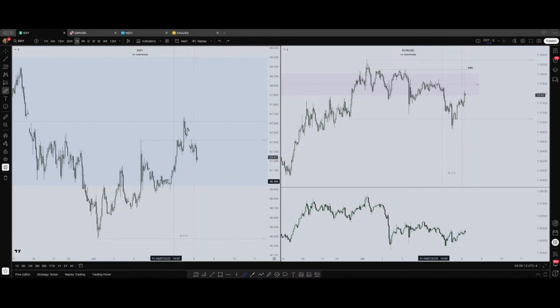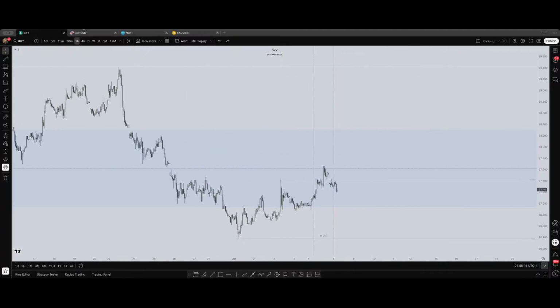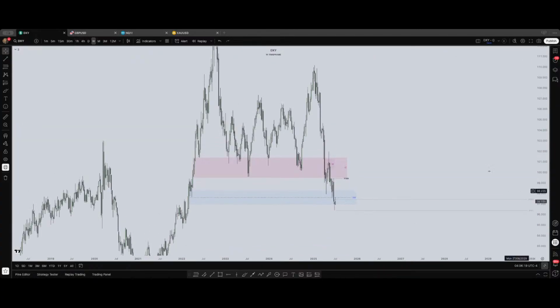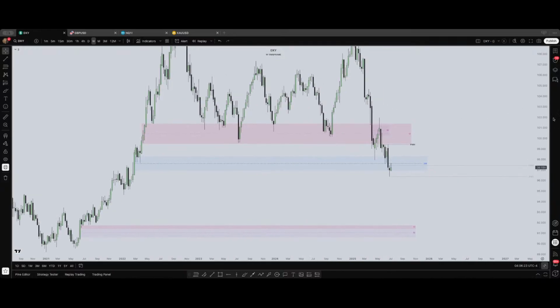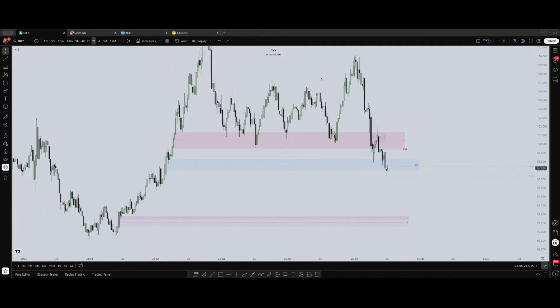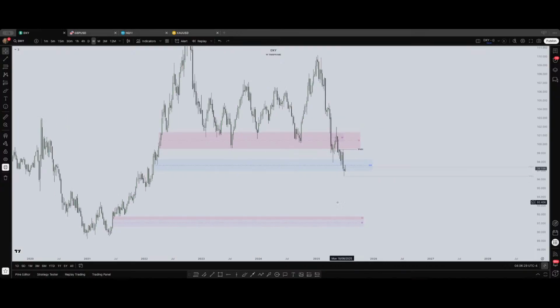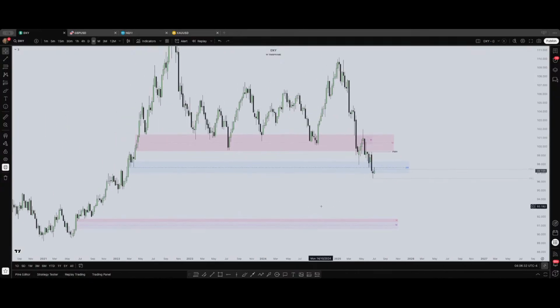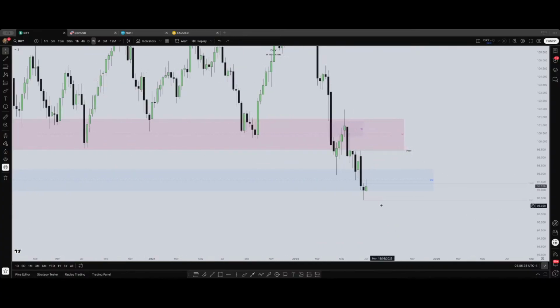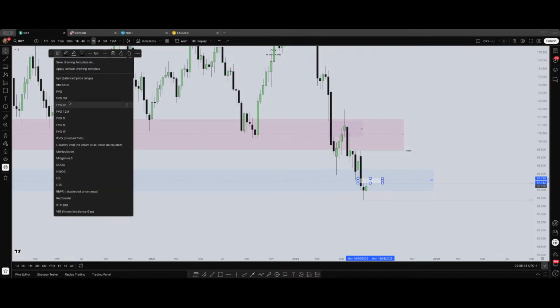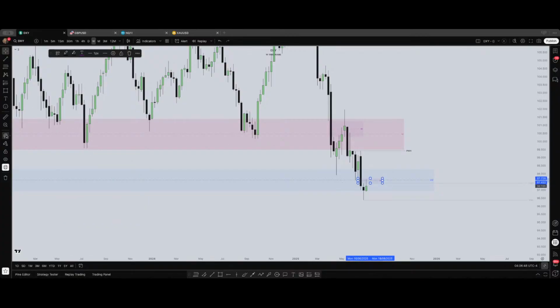This is the 1 hour chart, but if we go to the weekly chart, you see we have this fair value gap here, and price is reacting nicely, only wicks, a reaction from this fair value gap.